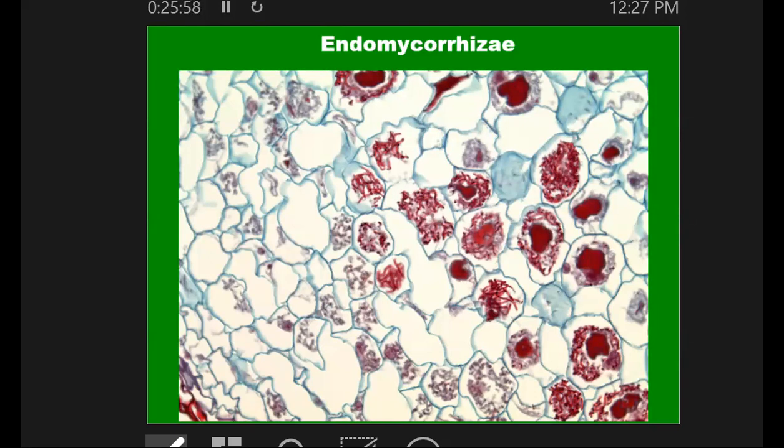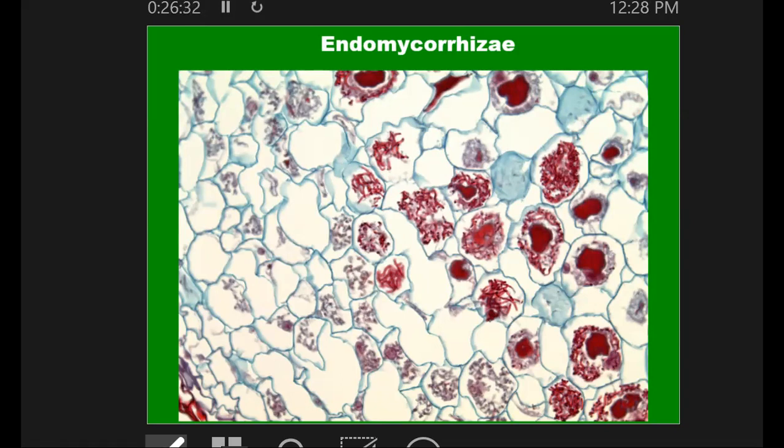You can see some vesicles and what looks like arbuscules. If I asked what you see here, you'd say, I see a bunch of red hyphae in the root cells. I understand why you think that, that's what it looks like. But when you do very careful studies, you have to realize that when they do these kinds of preps, there is some limitation to the visual ability.